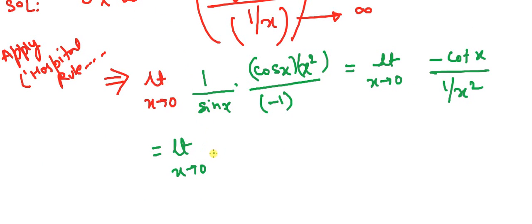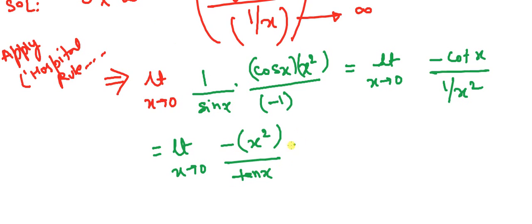Now solving it further, limit x tends to 0 of minus x square, whole divided by, it's not minus of minus, it's just a single minus. This is my mistake of writing it wrong. I'm removing it so that you can understand. So we've got minus of x square divided by sin x.